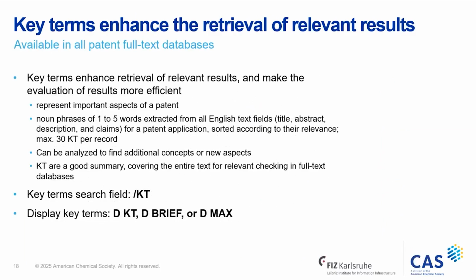I also want to bring us back briefly to the key terms field as a reminder of how we might use our full text patent databases and features within those to help retrieve more relevant results and enhance our searching. So key terms are available in our full text patent databases. As most folks know, a lot of our patent databases are from collections that are abstracted and indexed and have value added to them by human indexers.